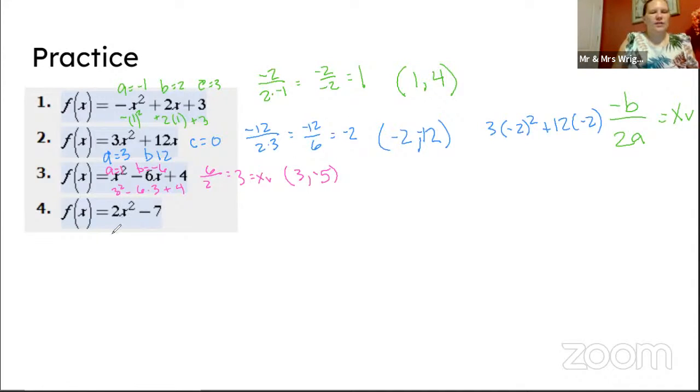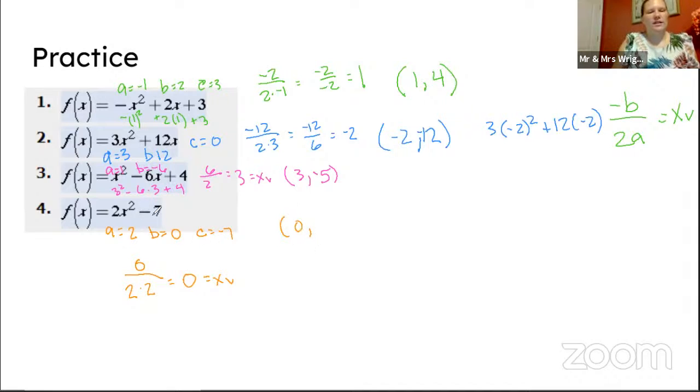And our last one here, I've got an A being 2, B, there is no B, so B is 0, and C is -7. The opposite of B is, there is no opposite. 0 has no sign, so there can't be an opposite, so it's just 0. Over 2 times A is 2, so 2 times 2, 0 over 4 is still 0. So our x for the vertex is going to be 0.